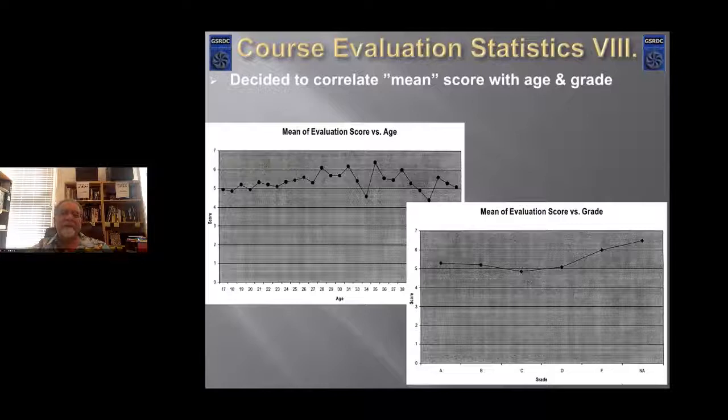Okay, these are the mean scores, not the mode scores, comparing the score with their age. We did this in order to see, does it change much as they get older? And as you can see, there's more chatter when they get older, but it's not too much different between the oldest age and the youngest age.